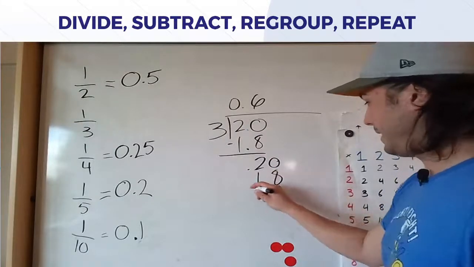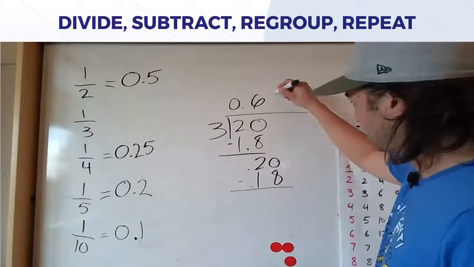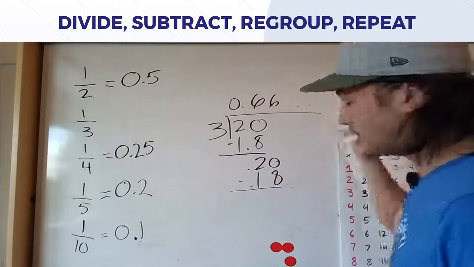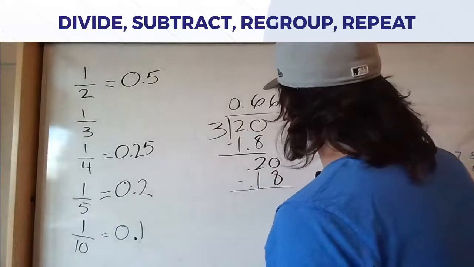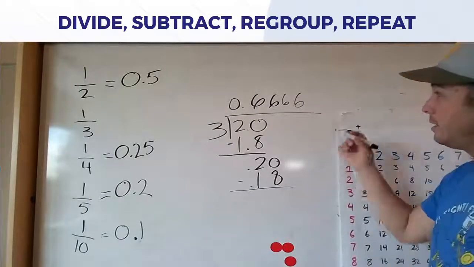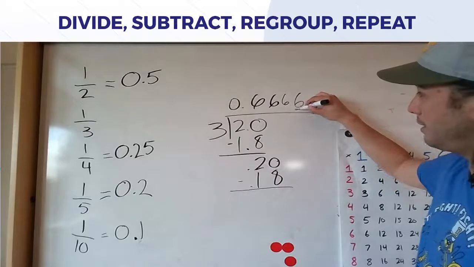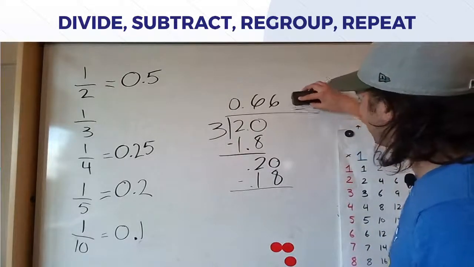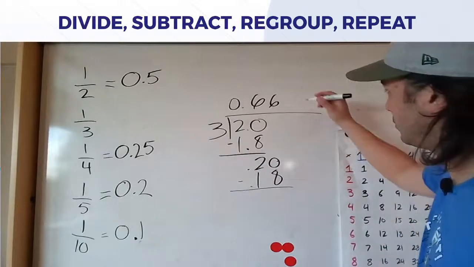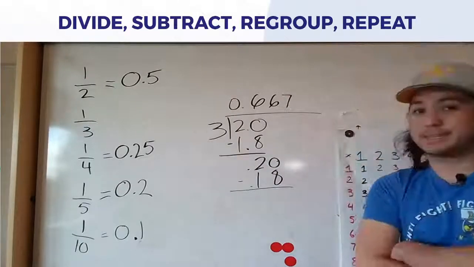We can only get to 18 in the hundredths place, which is 6, and so on. With this one, since it's 6666, and we're rounding, and this number is 5 or greater, we'd actually round up. And often your calculators will show this. If you do it on a calculator, it rounds up to 0.667.